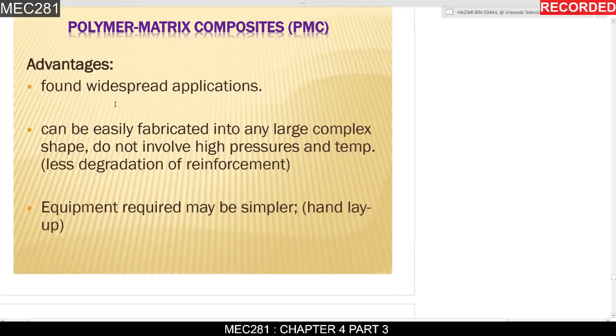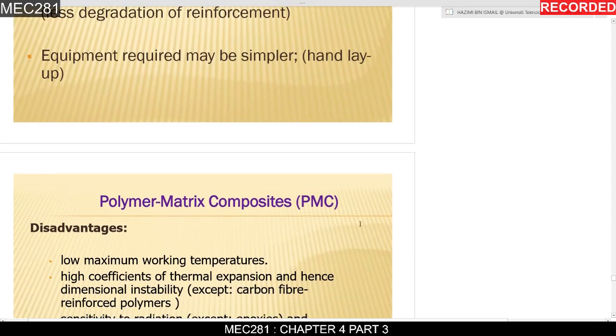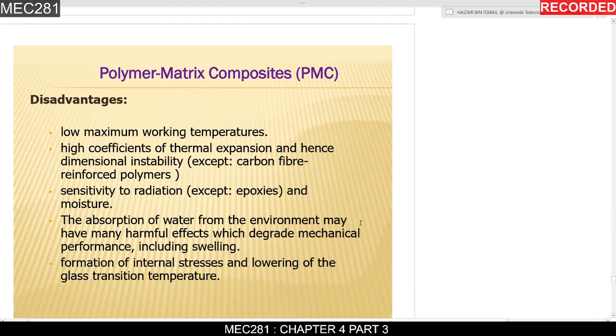Okay, advantages of PMC: found widespread application, can be easily fabricated into any large complex shape, do not involve high pressure and temperature, and equipment required may be simpler. Okay, so these are the advantages. Disadvantages: low maximum working temperature, high coefficient of thermal expansion, and hence dimensional instability.